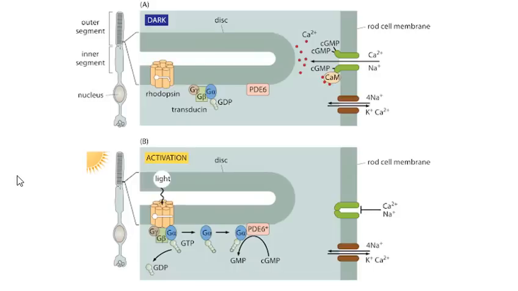This is showing two structures. So as I said, we have the disc, and within the layer of the disc, that's where we find our rhodopsin, and it is attached to a G protein. We're going to talk about it very soon.